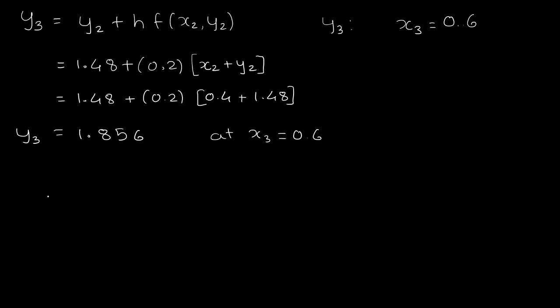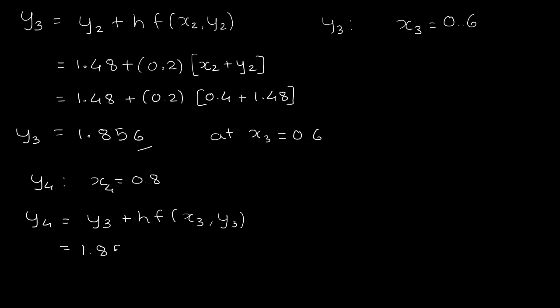Now my next step is to find y4, at x4 equal to 0.8. My y4 will be given by y3 plus h times f of x3 comma y3. Y3 we had just found is 1.856, plus h, which is 0.2, times f of x3 comma y3, which is x3 plus y3.